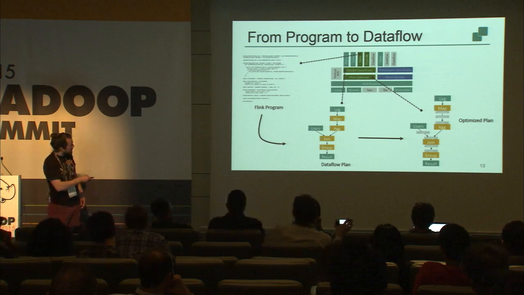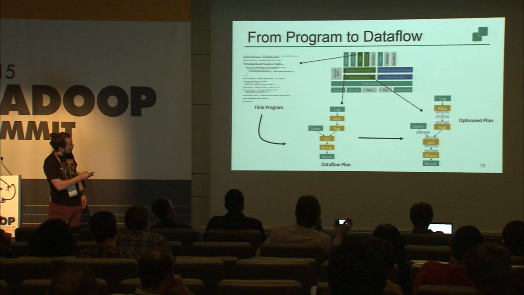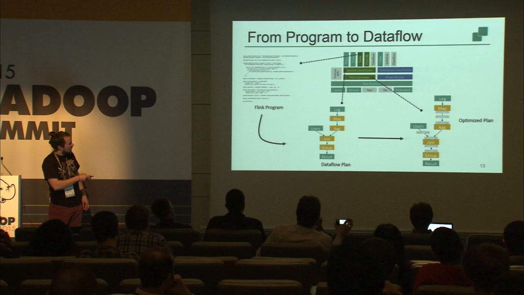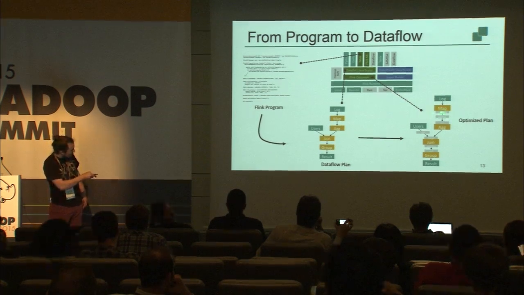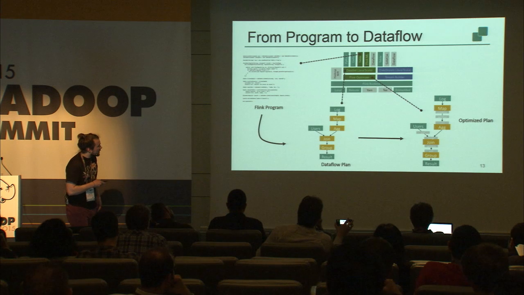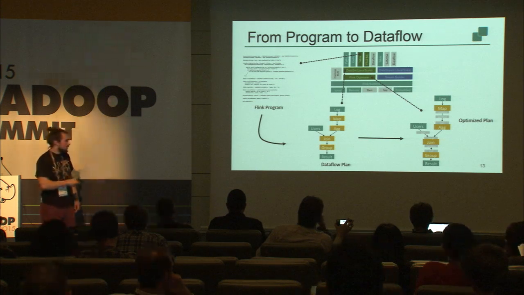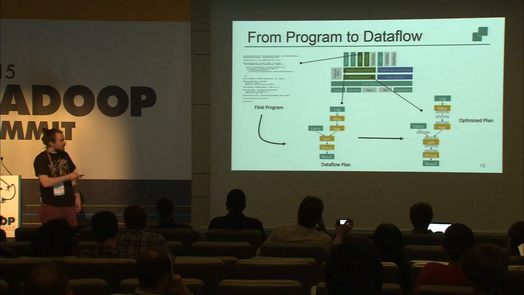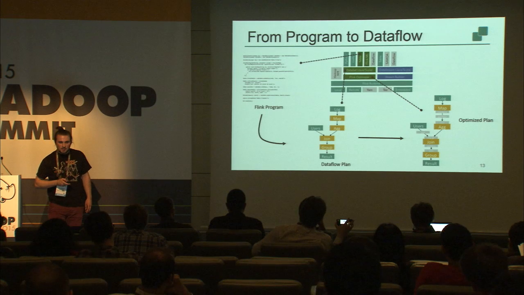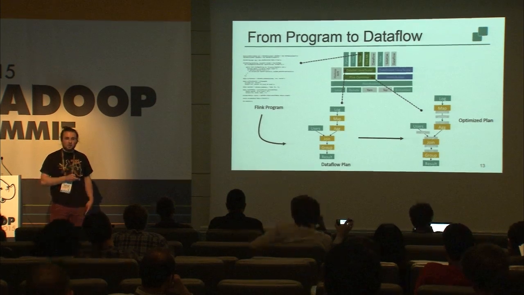Then it goes through this optimizer, and we call this an optimized plan. If you notice, there are these little gray boxes. You can't read them very well, but these specify the physical execution strategies of a join. For example, if you know from the database field, this join could be executed as a sort-merge-based join or a broadcast join.